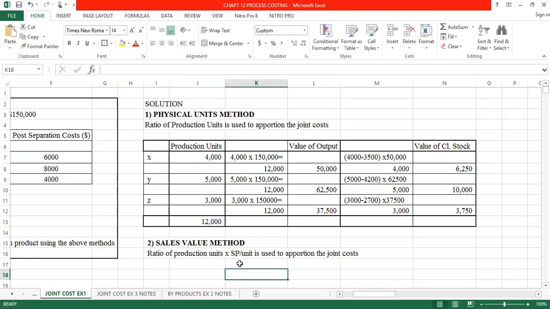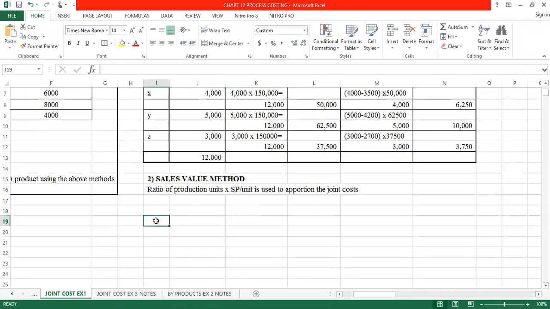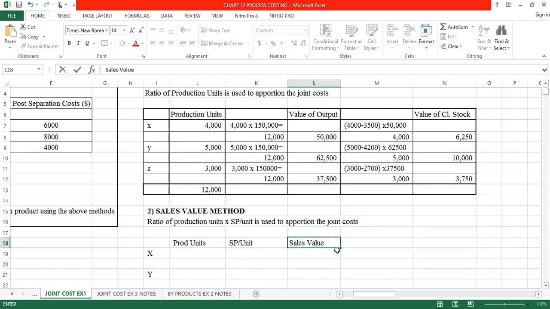So look at what I'm doing in this question. In order to answer that question, I'll have my product X, product Y, and my product Z. You are now familiar with production units. What are the production units? Of course, you multiply by selling price per unit to give you sales value, and sales value is what you use to apportion.